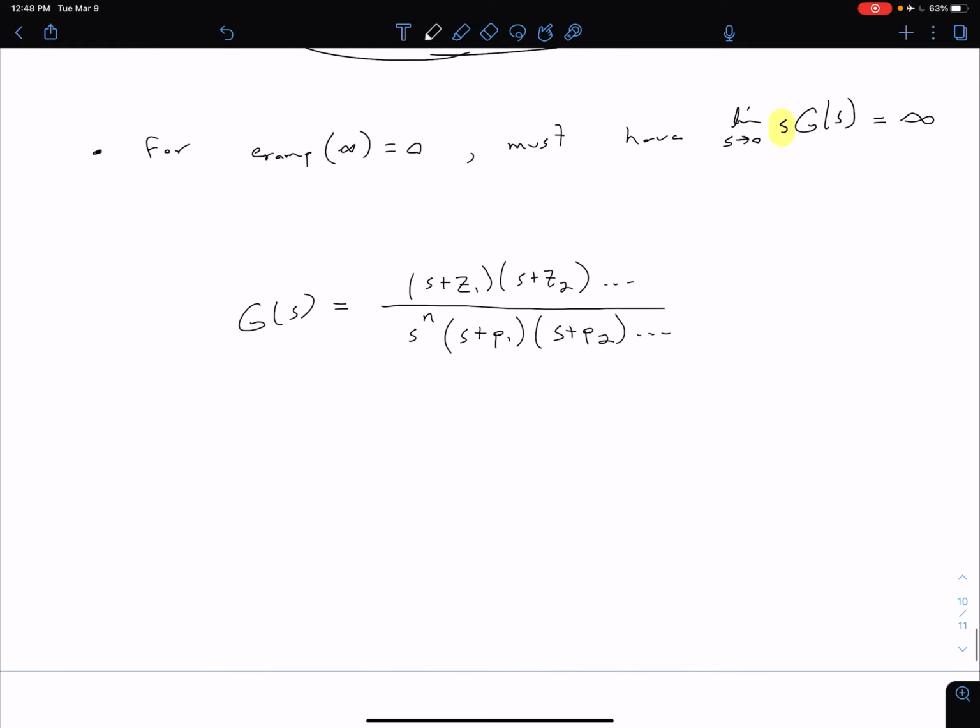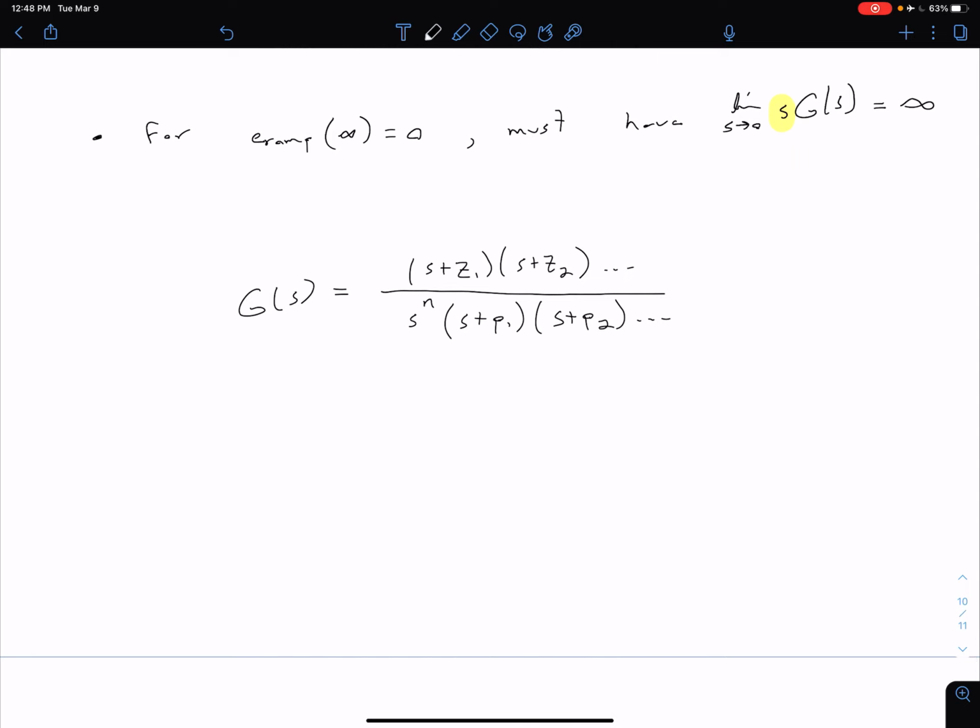And so for this case, what we can say is that if we want to have 0 steady state error, so for e_ramp(∞) equal to 0, we need to have our n greater than or equal to 2 now.